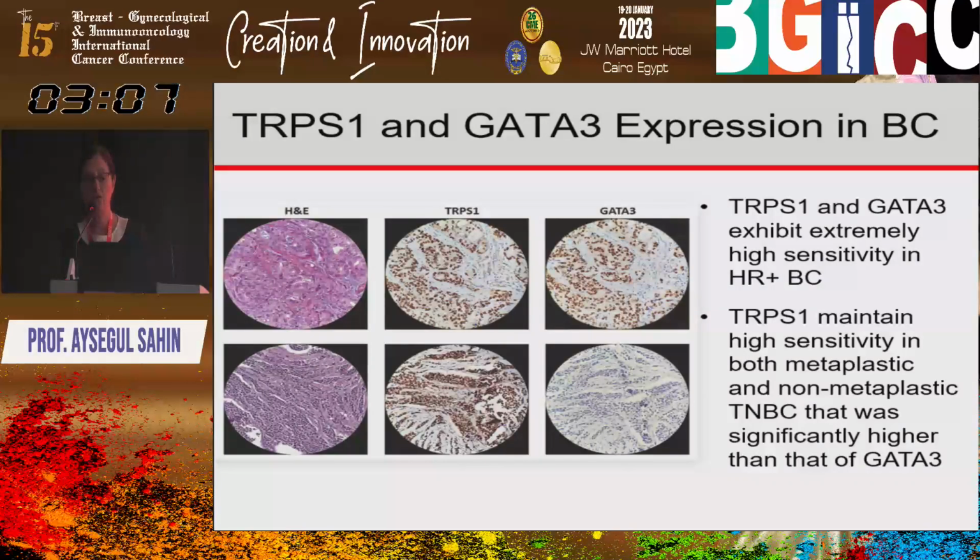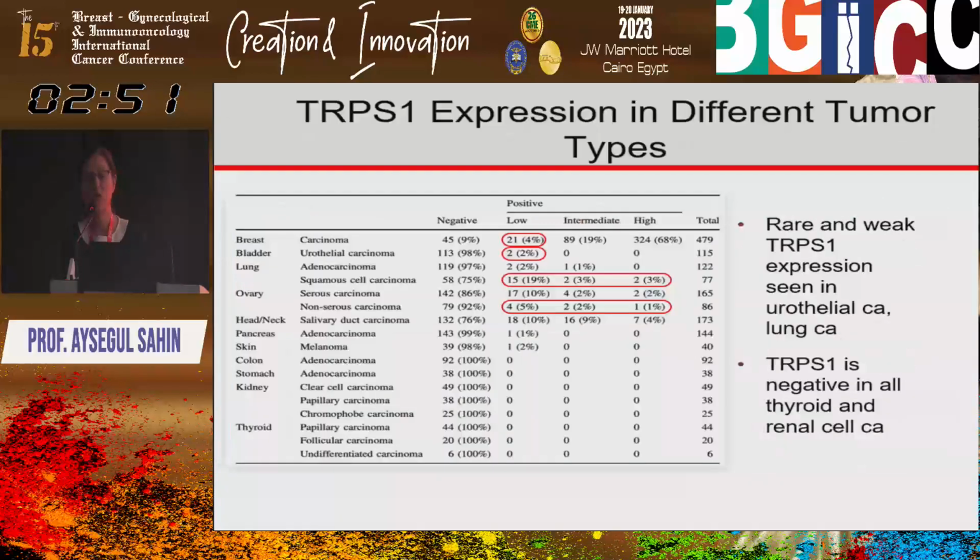Overall, TRPS1 maintains high sensitivity in both metaplastic and non-metaplastic triple negative breast carcinoma, with sensitivity a lot higher than GATA3. So now in our clinical practice, we use this extensively.